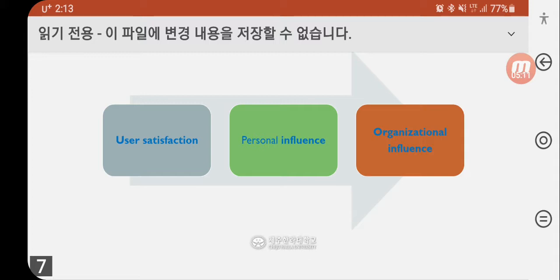User satisfaction is the user response to information system output processing. And personal influence is the effect of information on user behavior. Also, organizational influence is the impact of information on organizational performance.